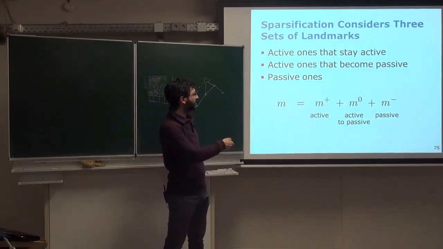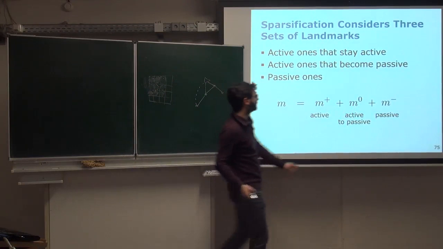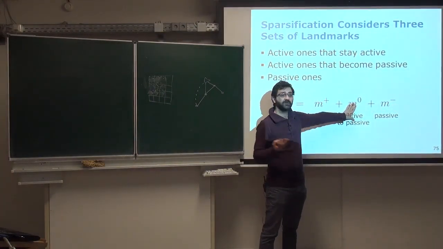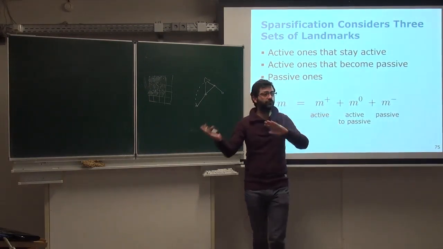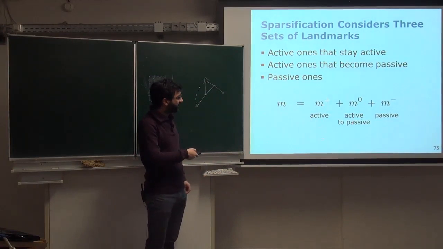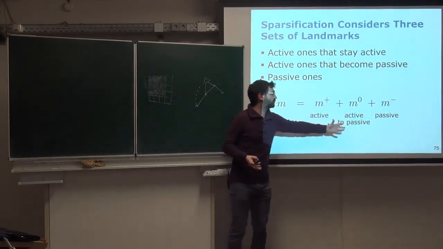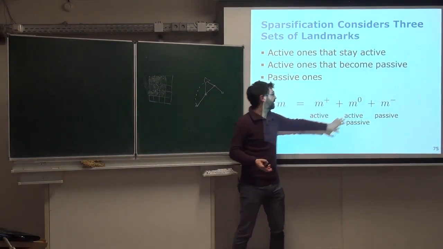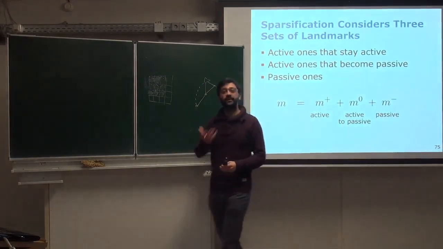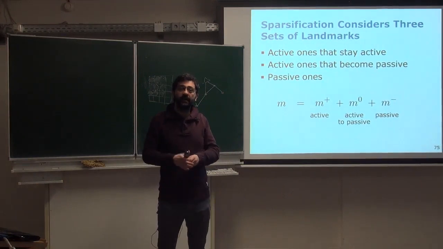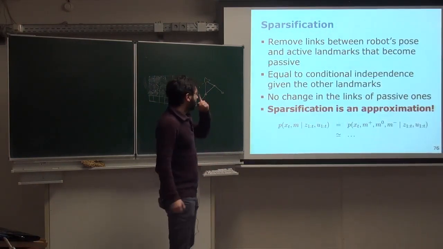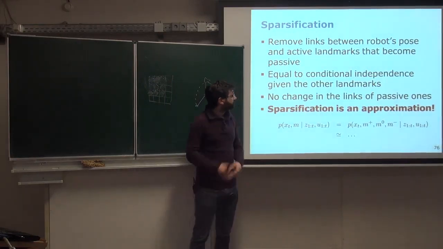So that's where the sparsification is happening, because without this, we just commit to a set of passive and active, but we don't know when one goes to one set or to the other. The idea is that we somehow have to transfer the information of this, either partially here or partially there, to keep the information content in the best way possible. Okay? So how do we do it?